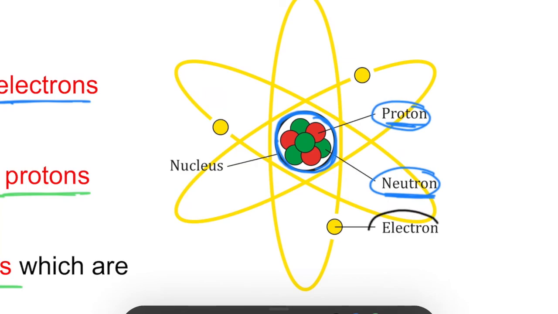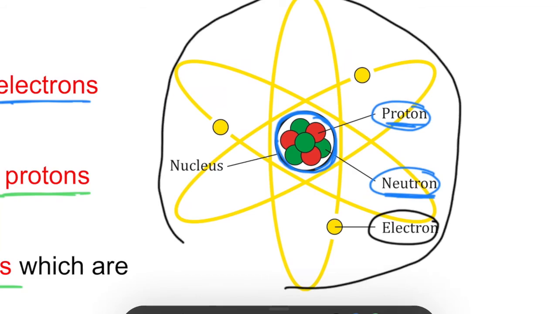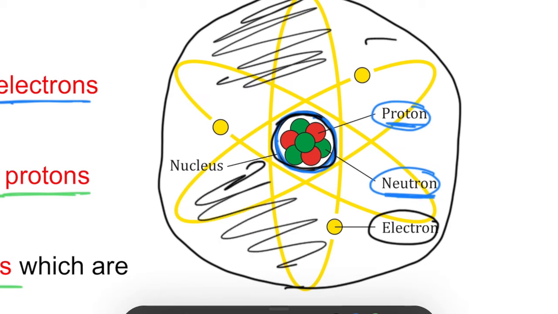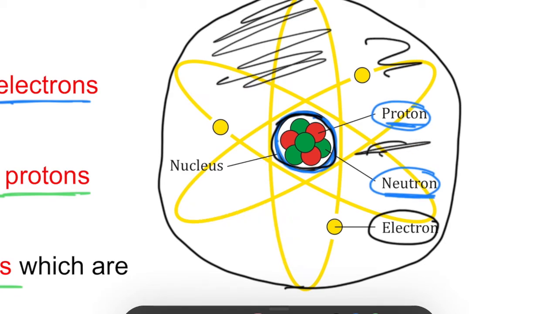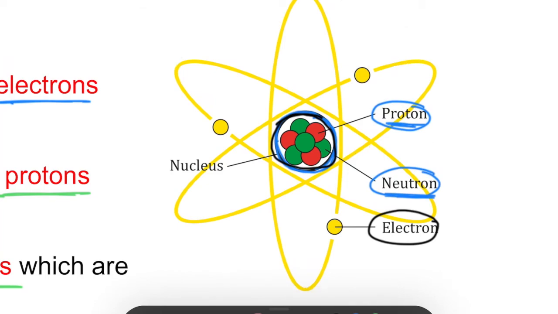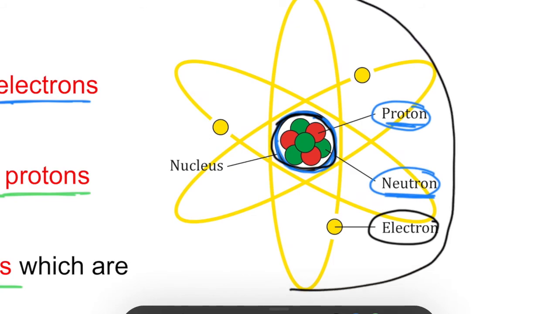Now, around the nucleus, we have the electrons. Let me draw what will be the outside of the atom. The electrons are going to be moving free around the nucleus in the atom. Between this wall around the atom and the nucleus, everything is empty space.